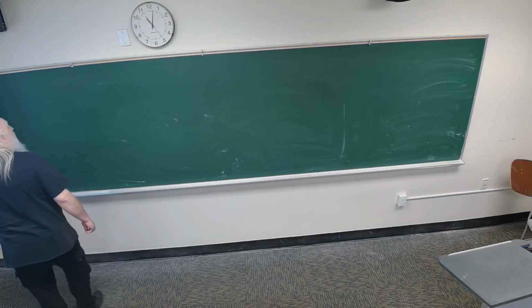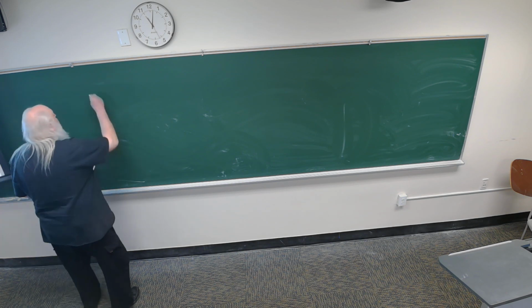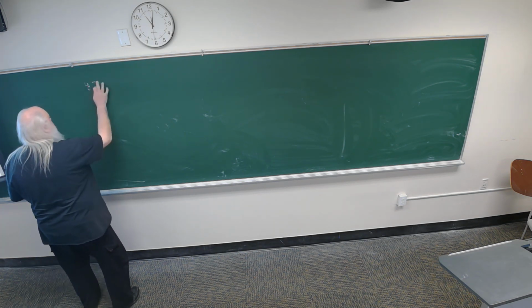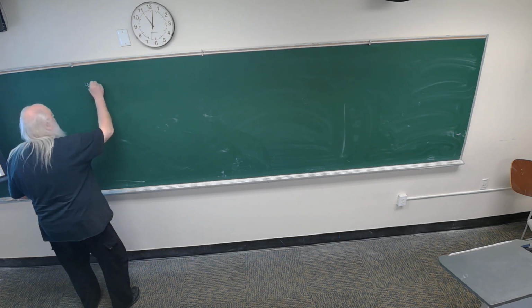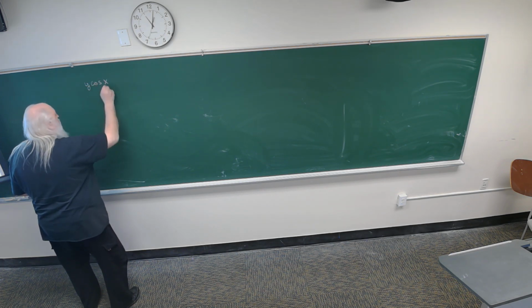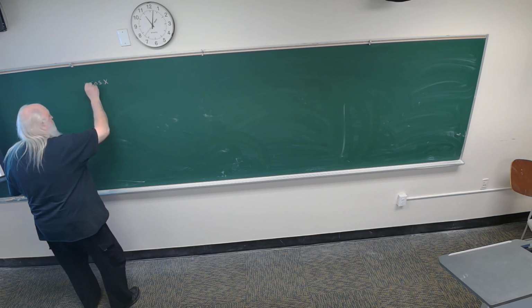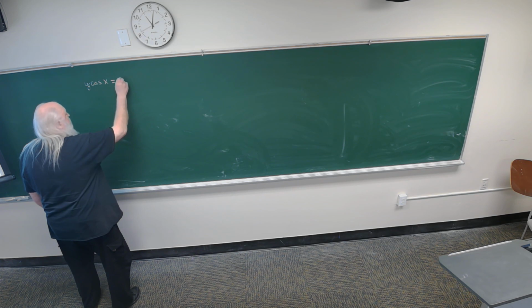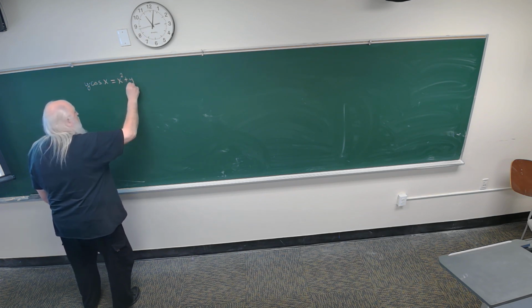So we have y times cosine of x is equal to x squared plus y squared.